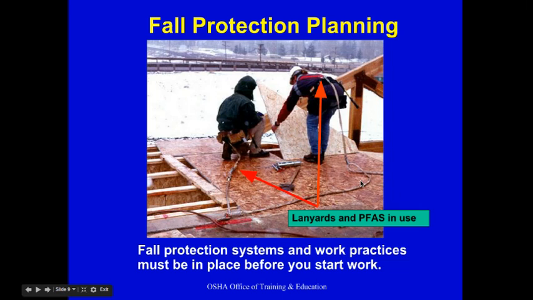This anchor rope right here is attached to the building, so that the workers can move along the rope to do their work. But if they fall through the floor joist over here, or fall off the side of the building, they wouldn't hit the ground. And so the harness keeps them protected from falling.